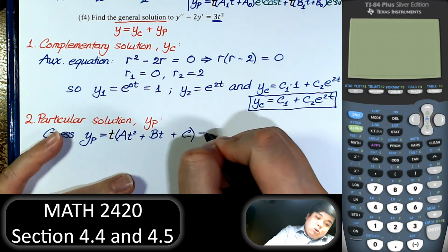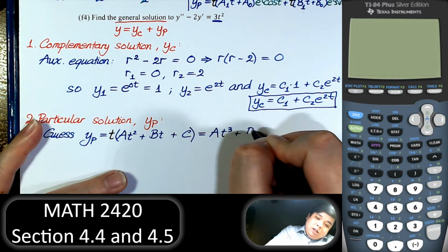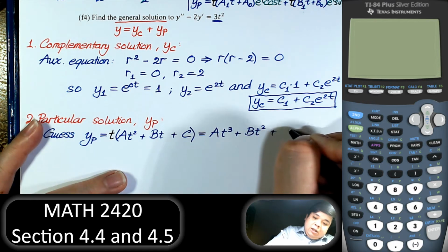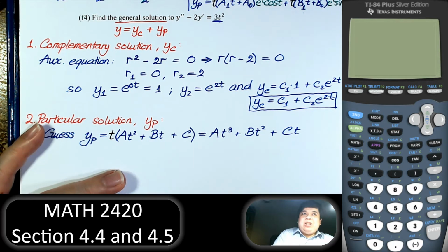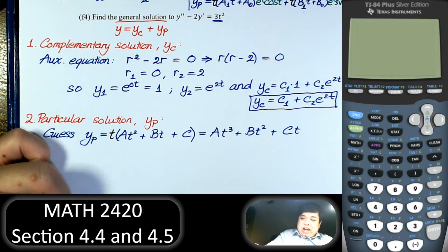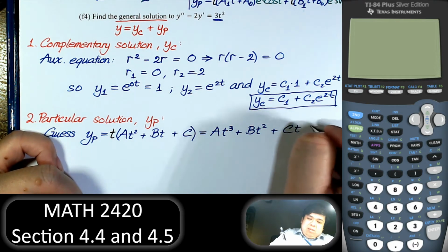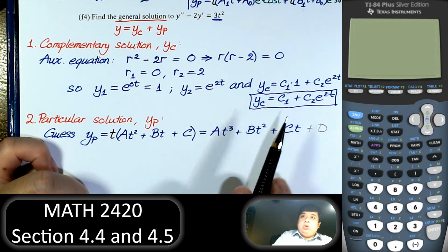So let's multiply it out: at cubed, bt squared, and ct. As you see, all of them are linearly independent to that, which is good. It has to be that. We can also write a constant here, but later on we can just combine those two together.